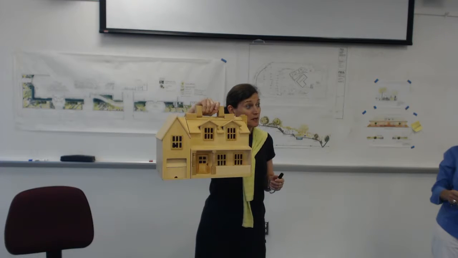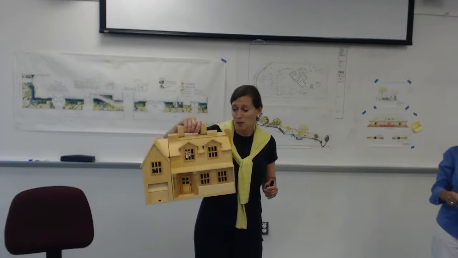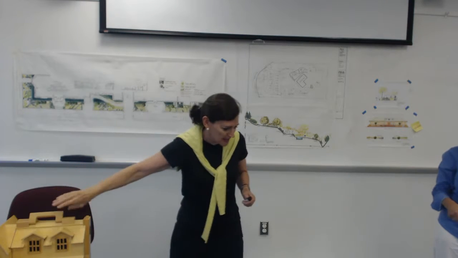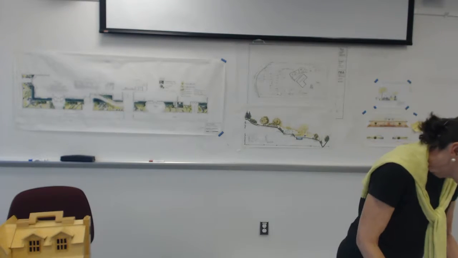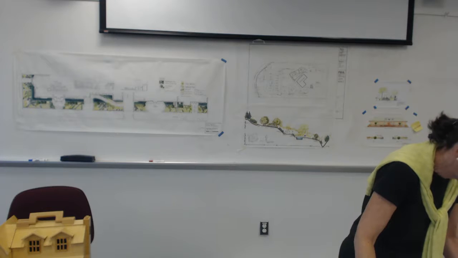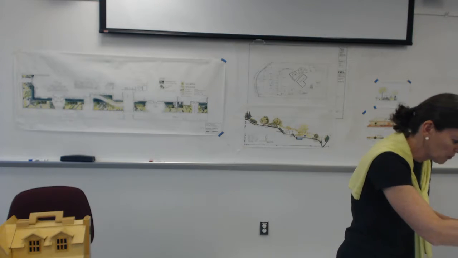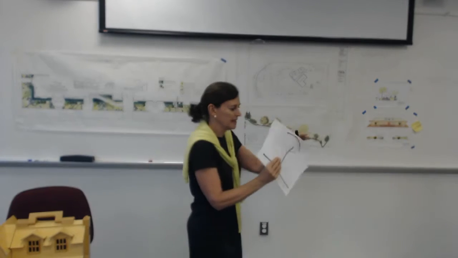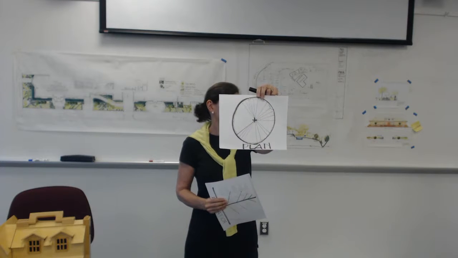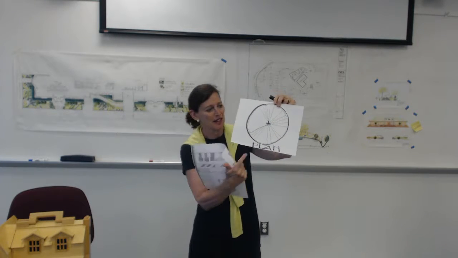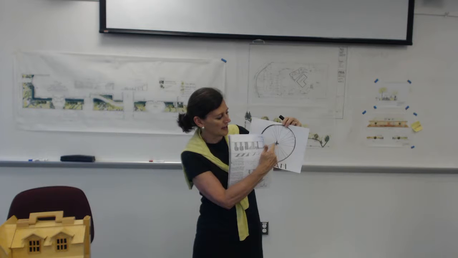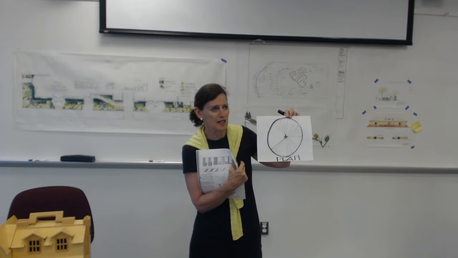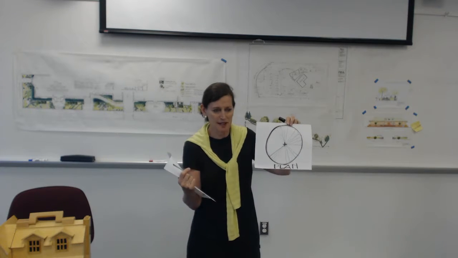We need something identifiable. We've already talked about graphics there. What a plan of a tree looks like is a circle, and it has a circle or a cross, depending on if it's a new plant or an existing plant.